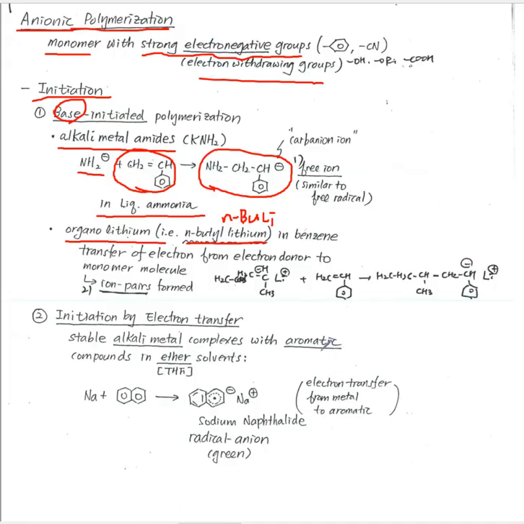This is n-butyl lithium, lithium positive ion and butyl negative ion. It can react with the monomer, forming an anion and a lithium plus counter ion. So by the reaction itself, they tend to make these ion pairs.